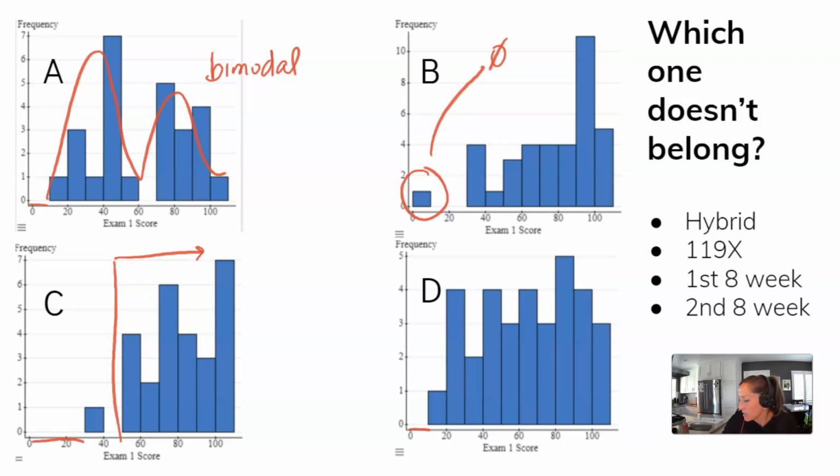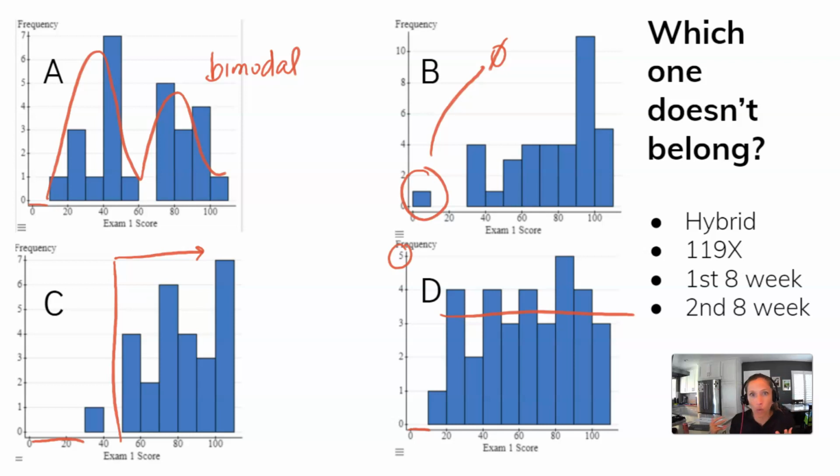And then D had this sort of uniform looking distribution where everything was equally likely, even the very low scores. Some students here noted the highest frequency, which is also due to the fact that this is a uniform distribution. I'm sure if we went a little further, we could find other ways things don't belong in terms of how many are in each of these groups. But that was what was noticed in my classes.